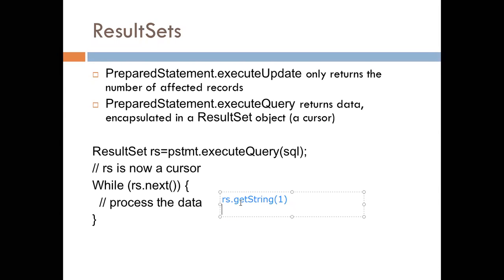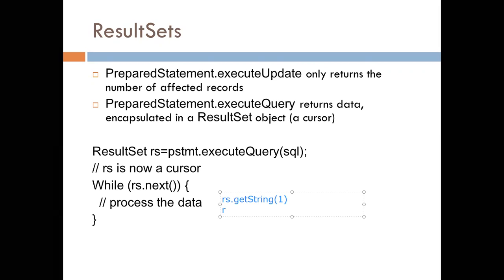In the while loop, we are processing only one row, and within that row, the first column will be extracted. If I write getString(2), then it gets the second column value and converts it into string.